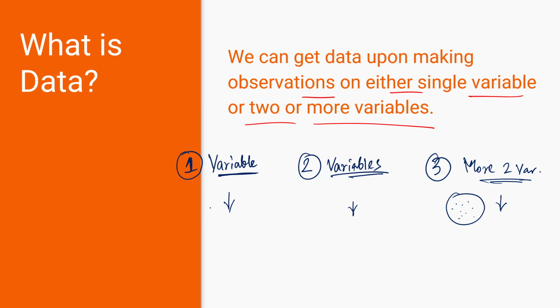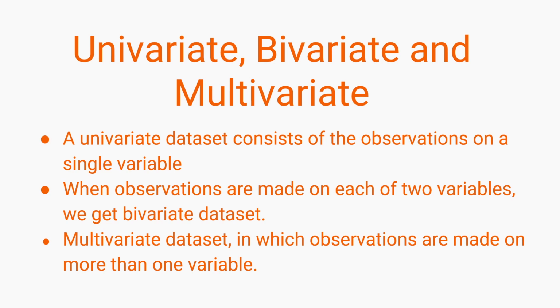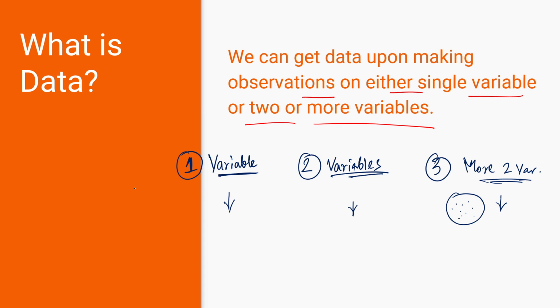So let's go to the next slide. Now you see the univariate, bivariate and multivariate. As I was telling you, data should be based on numbers.